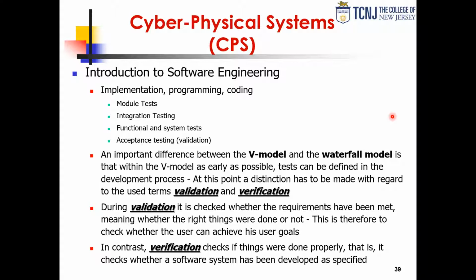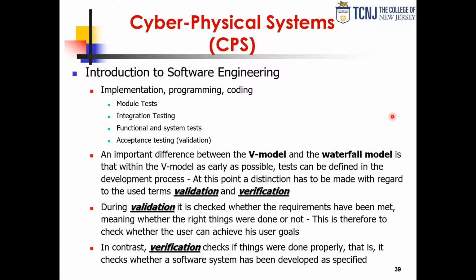Now the validation is that when we release that product, does it conform, does it do what the customer needed, what the customer wanted, and what the customer is paying for? That's the validation part, which is also called acceptance testing.